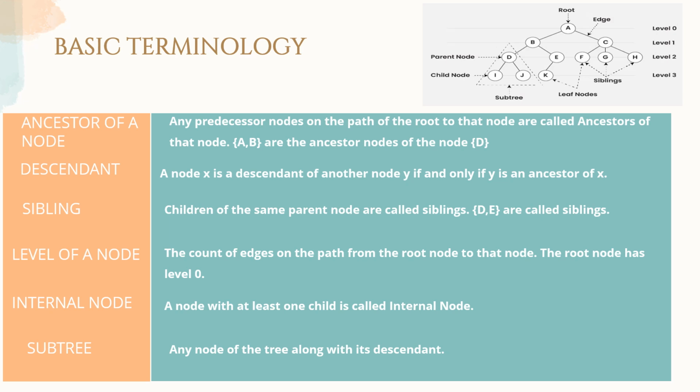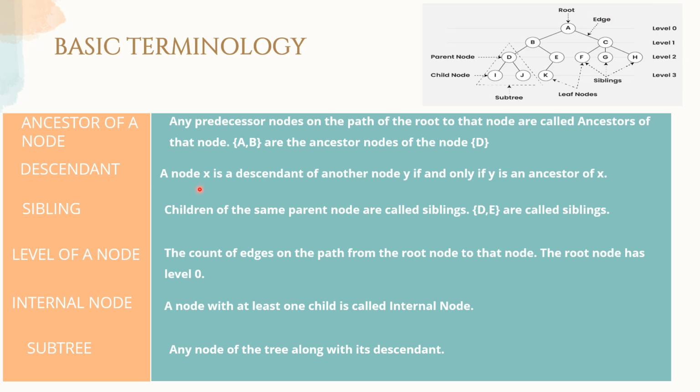Ancestor of a node. Any predecessor nodes on the path from the root to the node are called ancestors of the node. A and B are the ancestors of the node D. Descendant.